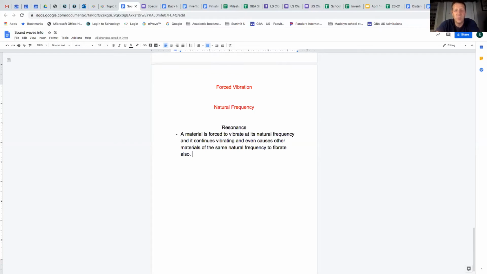So essentially, resonance is forcing a vibration at a natural frequency, which causes other things to vibrate at that same natural frequency. It's a way of showing that the energy wave that's vibrating over here has caused something else to vibrate over there. And it's the propagation of the wave energy that caused it to vibrate. It's a really awesome concept.